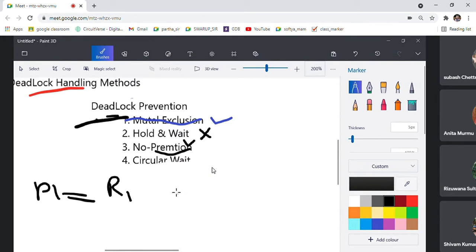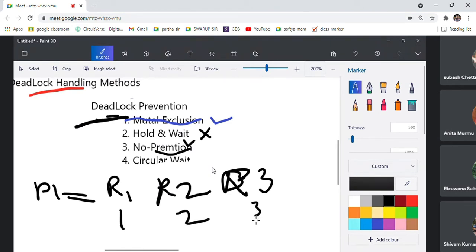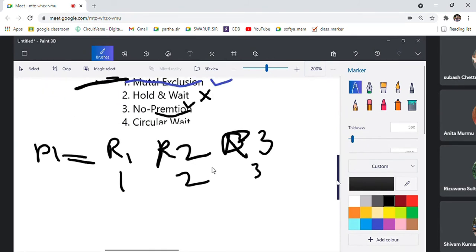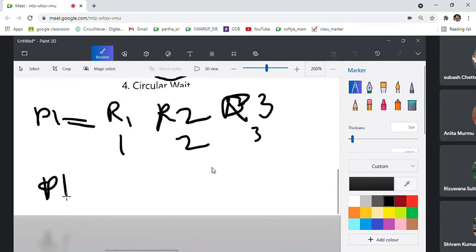And if it is requesting another resource, what circular wait says is replace each resource with some numerals. Let us say I have R1, R2, R3. Circular wait says don't give names to the resources, assign numbers to them: 1, 2, 3, like this. Now because numbers are given, if a process P1 comes and needs resources, it has resource 1 and now requests R2, so it has to compare.